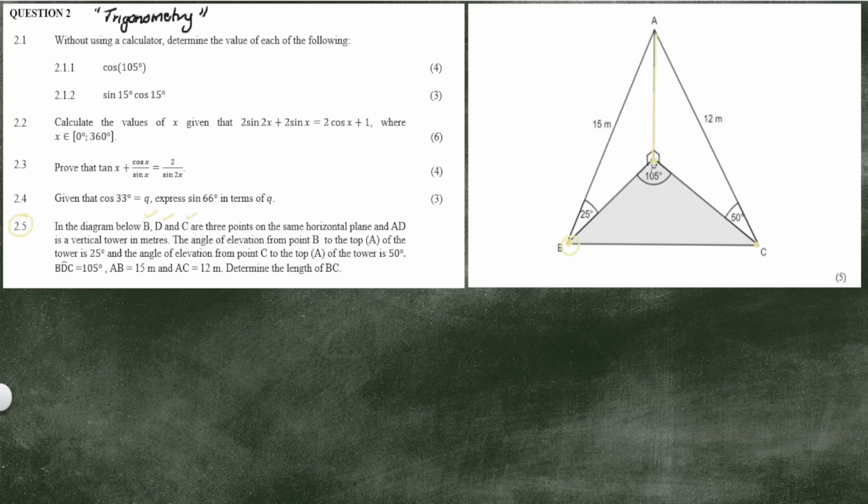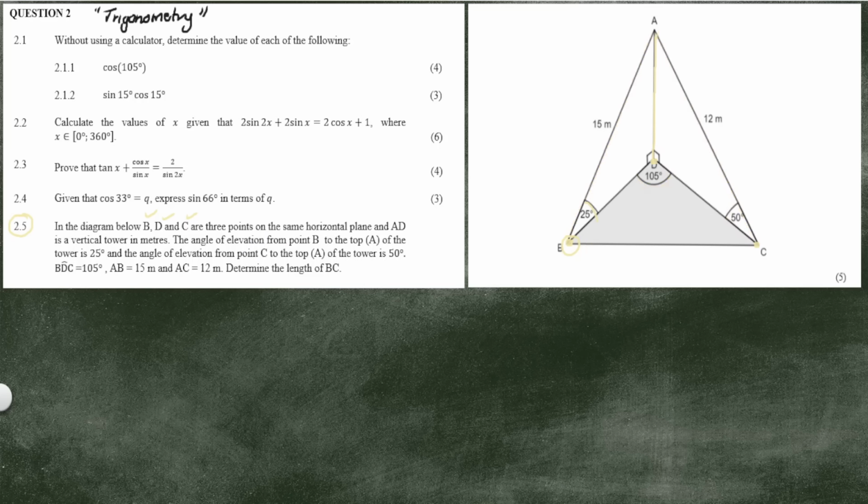The angle of elevation from B to the top A is 25 degrees, and the angle of elevation from C to the top A of the tower is 50 degrees. Angle BDC is 105 degrees. AB is equal to 15 and AC is 12. Determine the length BC.